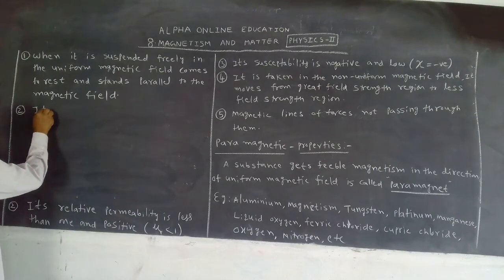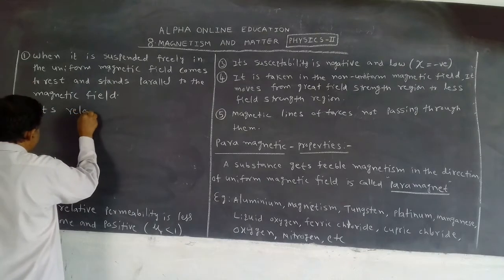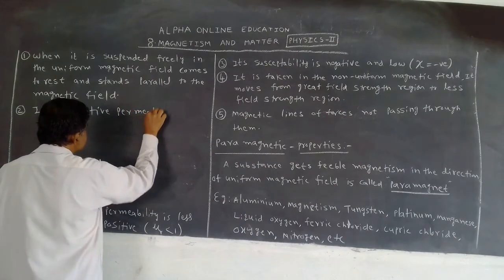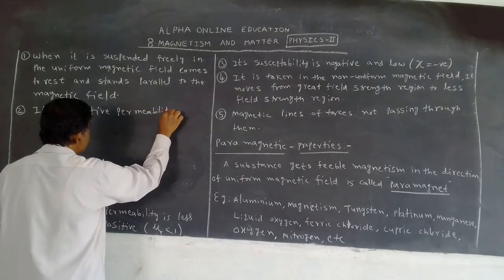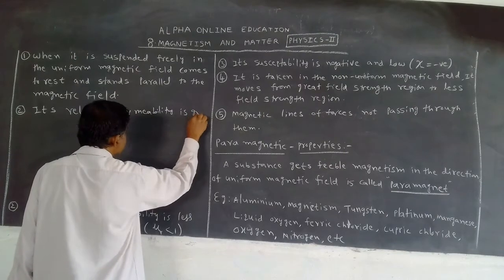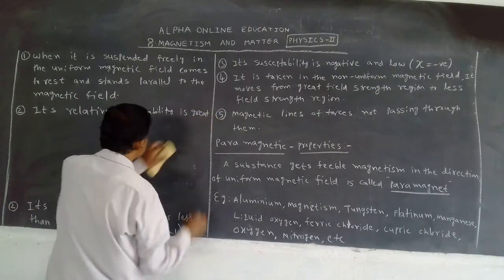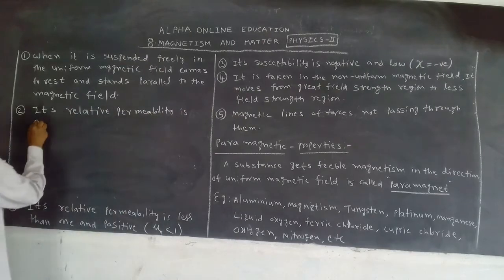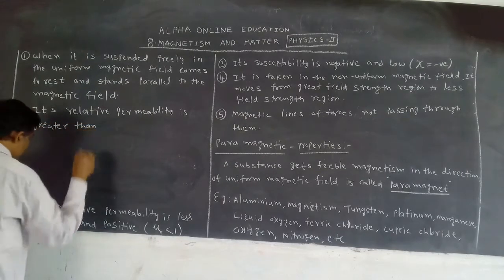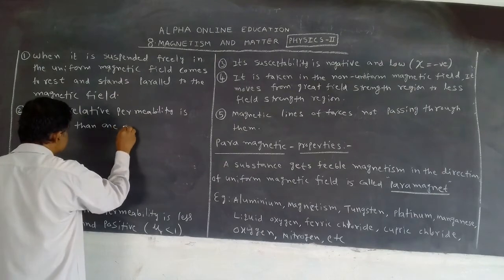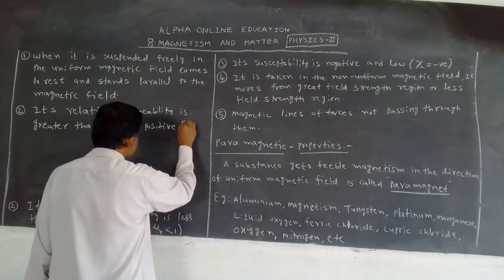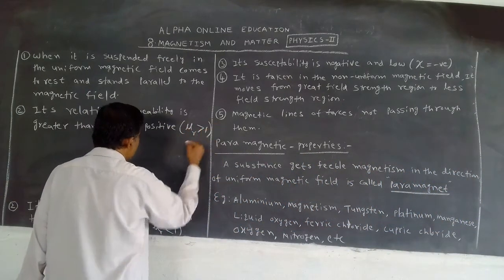Second one, its relative permeability is greater than 1 and positive, means mu r greater than 1.